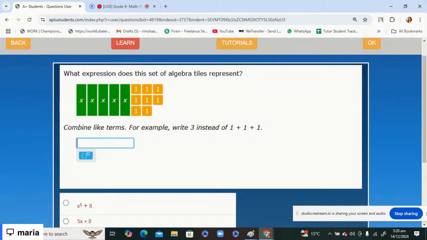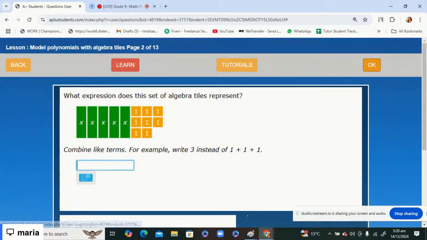So how many x are there? There are 5x. It's not the power of 5. So you are not going to put the x power. So it's 5x plus 8.